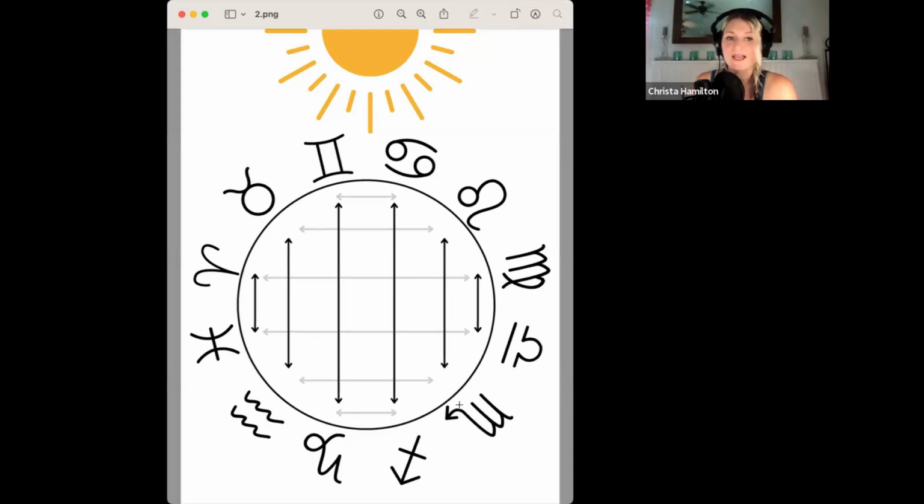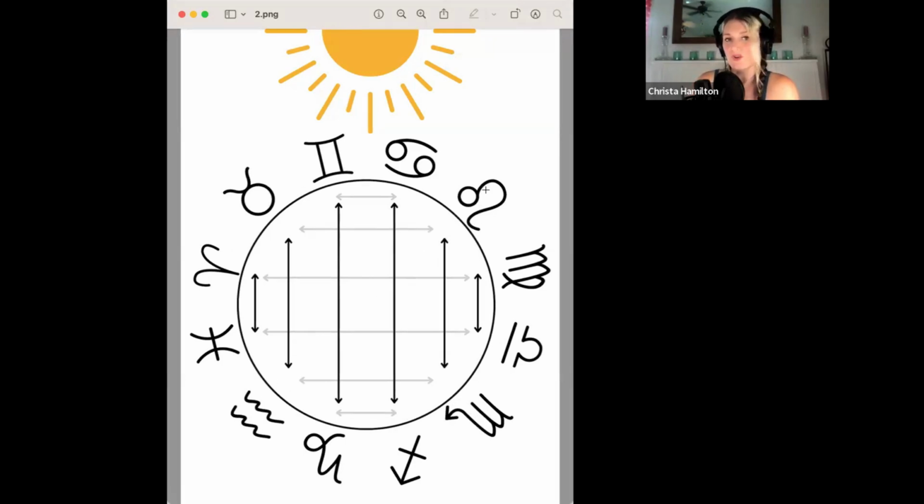Now, if we look at where they share contra Antiscia, the fixed signs really love to just stay fixed with each other, because we only share Antiscia and contra Antiscia with fixed. So Leo here and Scorpio here are contra Antiscia to each other. Scorpio and Aquarius are Antiscia to each other. Aquarius and Leo are opposite.